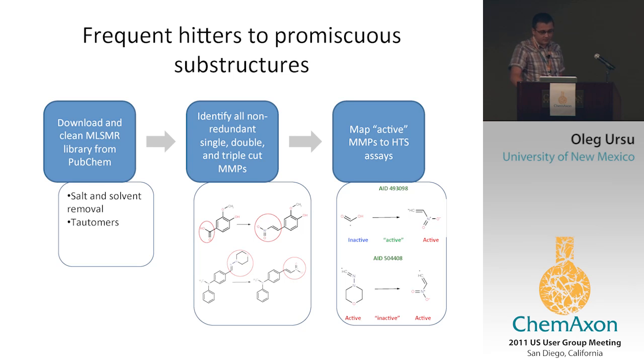By our definition, if we have a left or right member of the transformation active and the other one inactive, then we consider the MMP to be active. And if you have both members of the transformation either active or inactive, then there is no change in activity, and we consider it to be inactive.